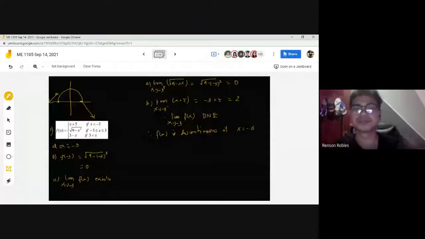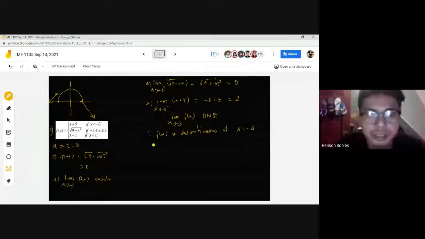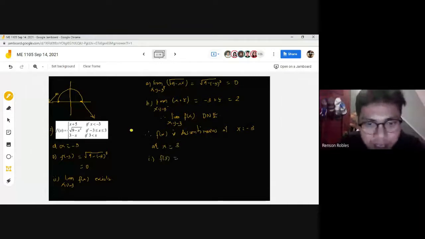So you just continue working at x equals 3. We can say that f of 3, when x is equal to 3, you use square root of 9 minus x squared. So that's square root of 9 minus 3 squared, and this gives you 0.